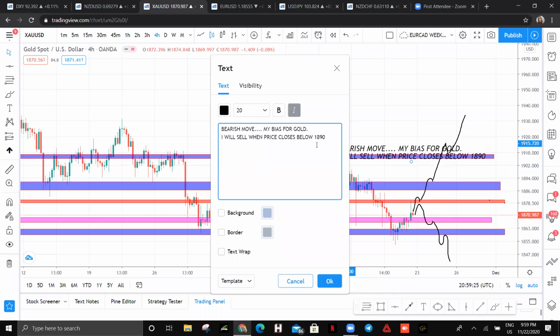Yeah, this area is comfortable for me to sell. Not 1890, sorry. Let me check this place. 1870, 1880. That area, which is where you have this zone, that red zone.